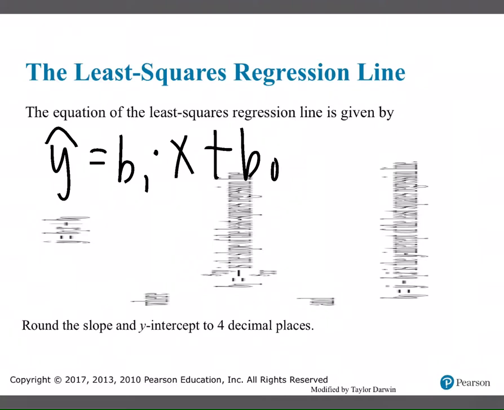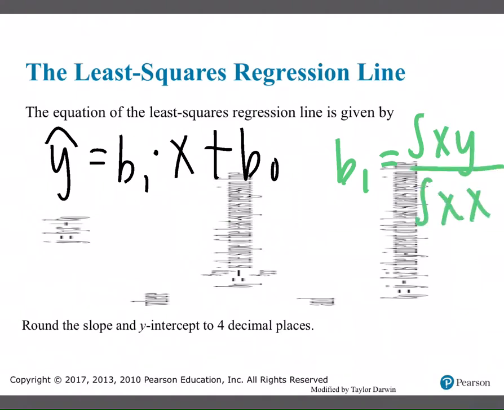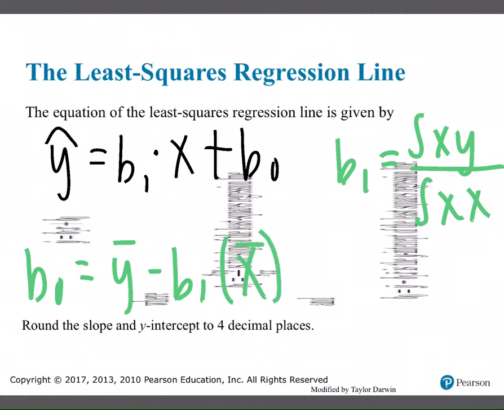We can get b sub 1 by finding s sub xy divided by s sub xx. We can find b naught by finding y bar, the average of y's, minus b sub 1 times x bar, the average of the x's.